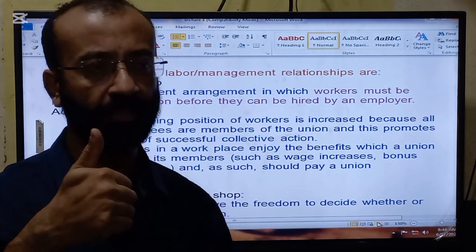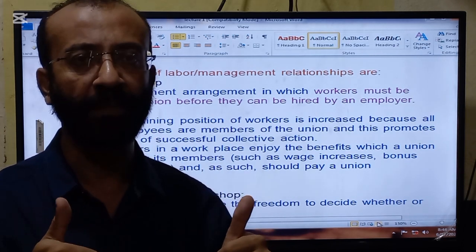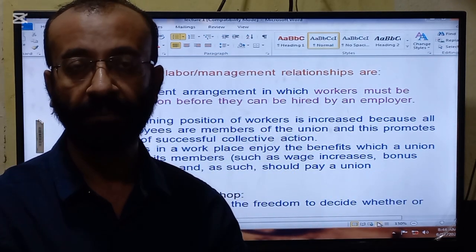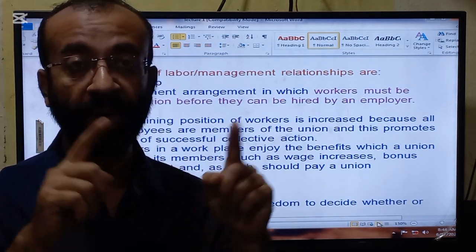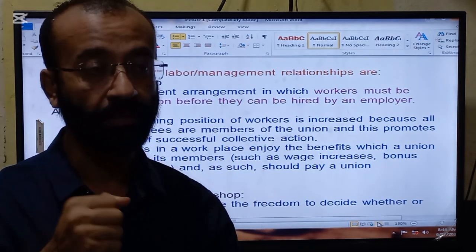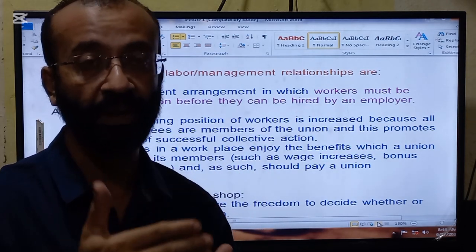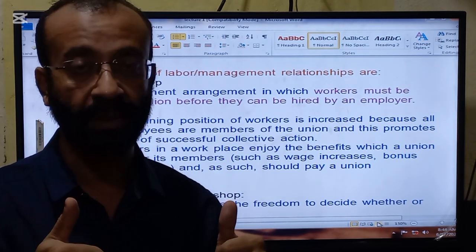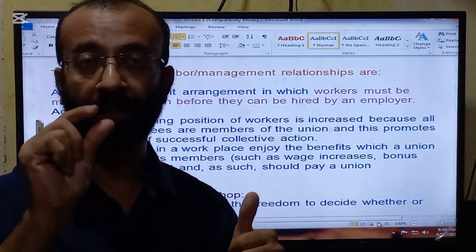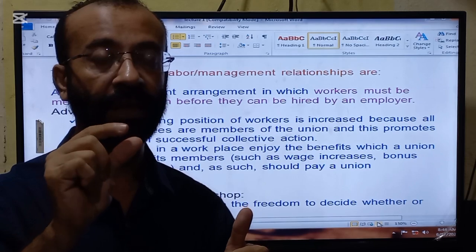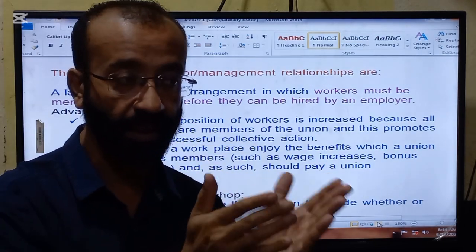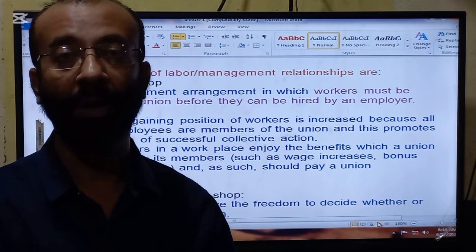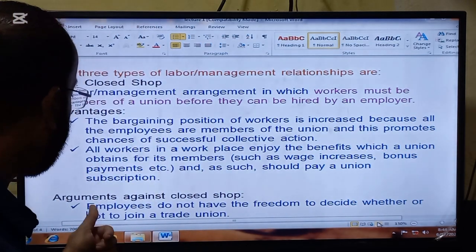Workers get all kinds of benefits which the trade union obtains from the employers, and in turn the trade union gets strong through more membership. Also, the trade union gets subscriptions. Subscription is a part of the pay which is deducted from the employee for being a member of the trade union.